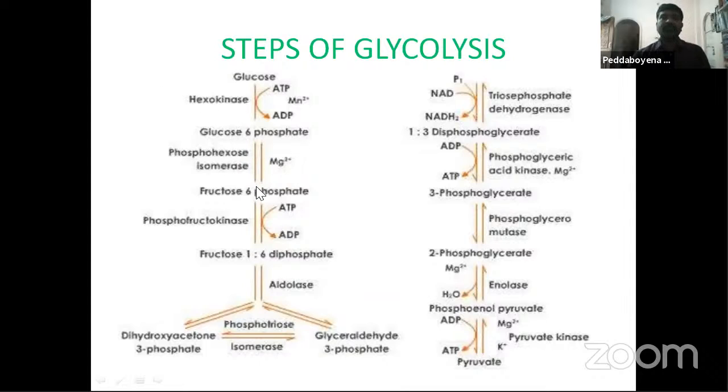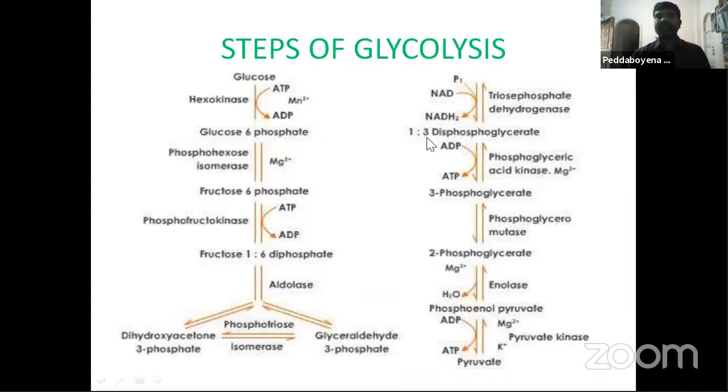Glucose 6-phosphate gives fructose 6-phosphate, and fructose 6-phosphate plus ATP gives ADP and fructose 1,6-bisphosphate. Fructose 1,6-bisphosphate, in the presence of aldolase enzyme, gives dihydroxyacetone phosphate and glyceraldehyde phosphate. Next reaction, glyceraldehyde 3-phosphate plus NAD gives rise to 1,3-diphosphoglyceric acid plus NADH2.